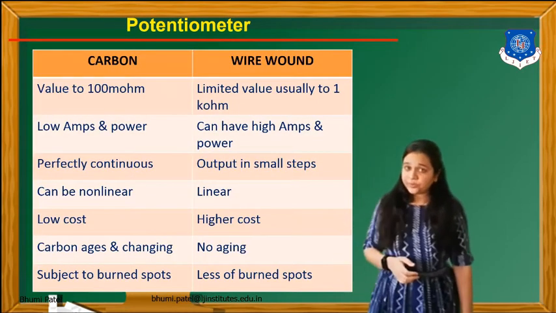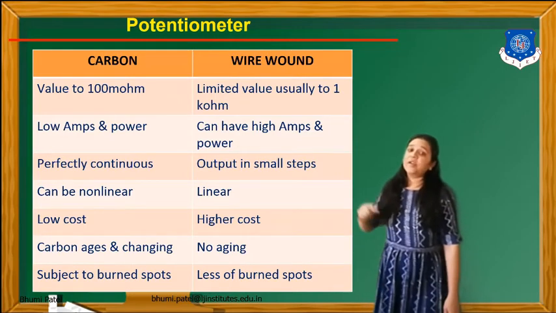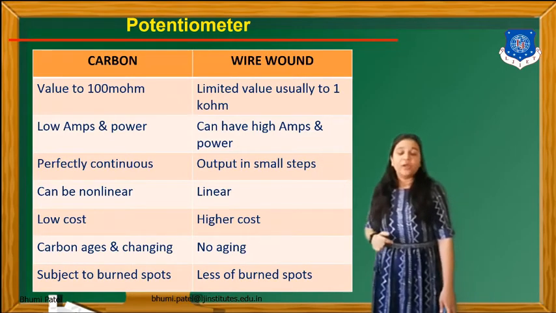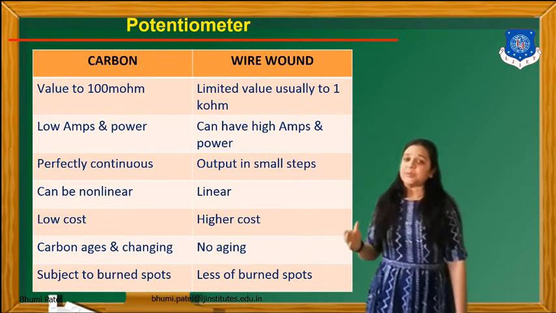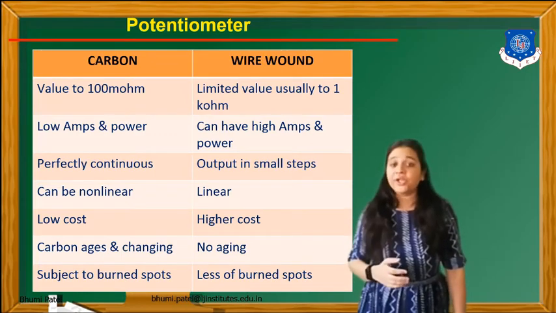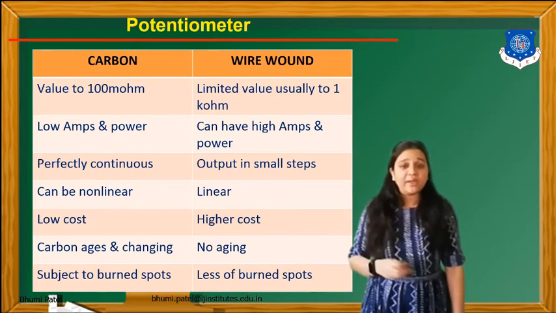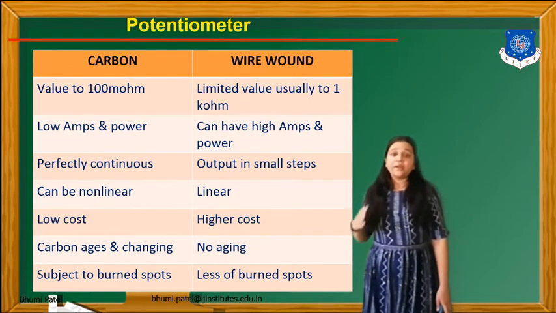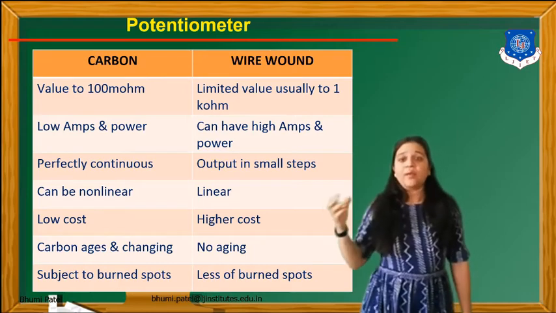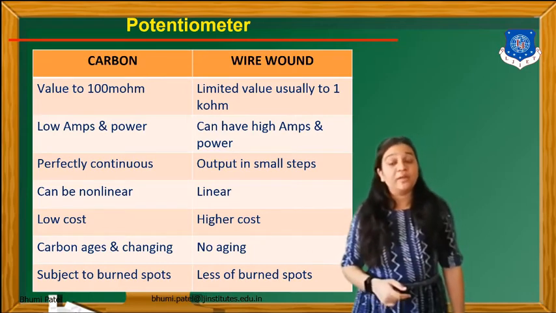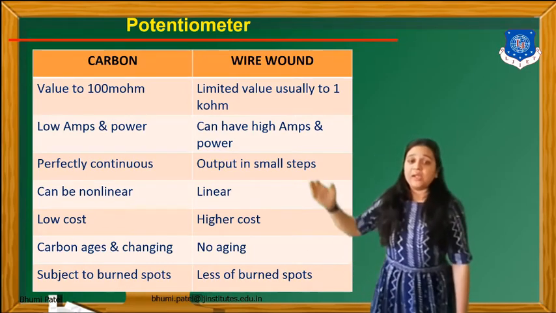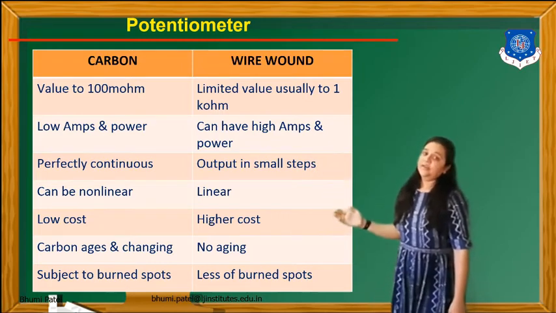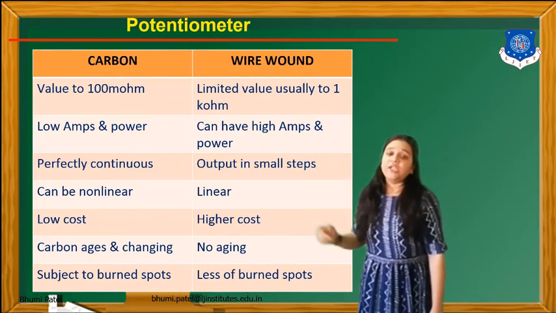Now, what is the difference between carbon and wire wound potentiometer? Why do we study this difference? Because depending upon the requirement and the system, we cannot connect a carbon or wire wound potentiometer every time in the same system. Depending upon the specification, we can connect the potentiometer to the input module.